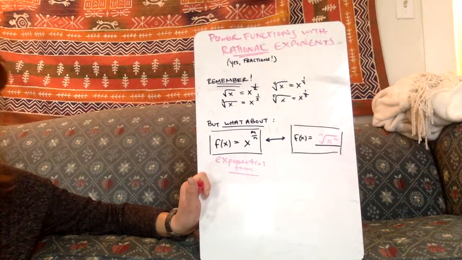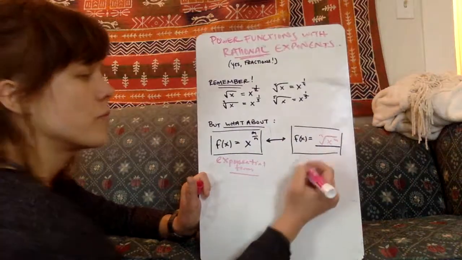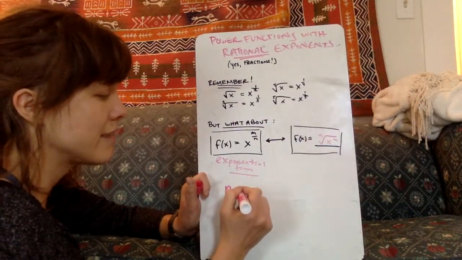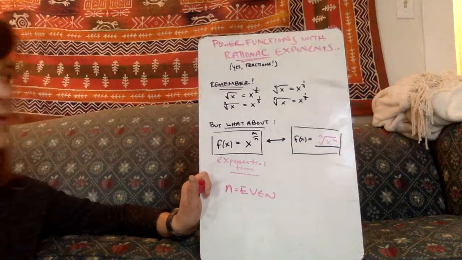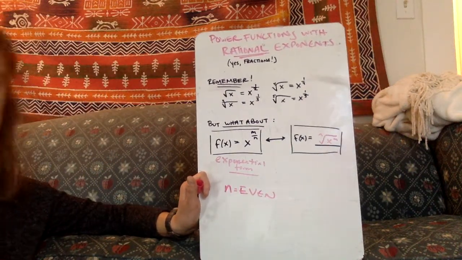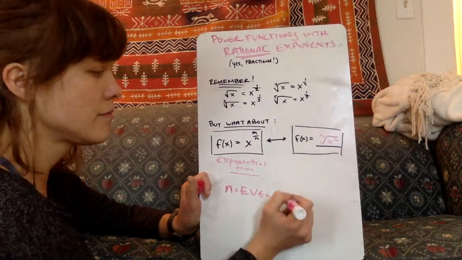And when n is even, I can only have positive x values.